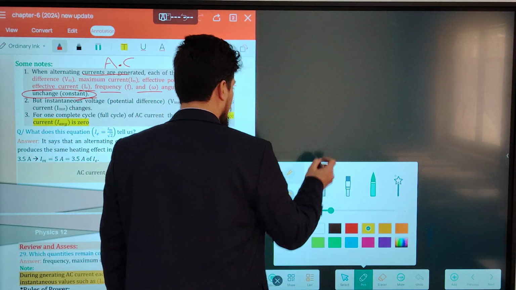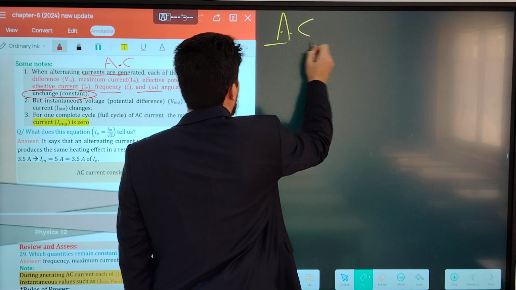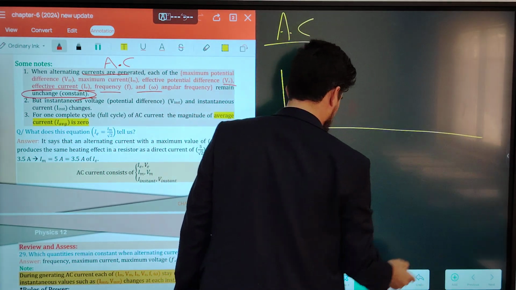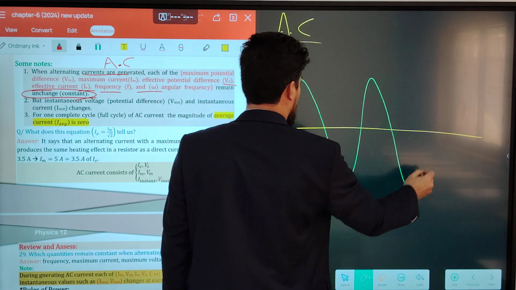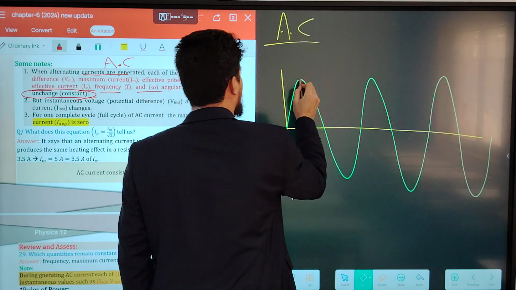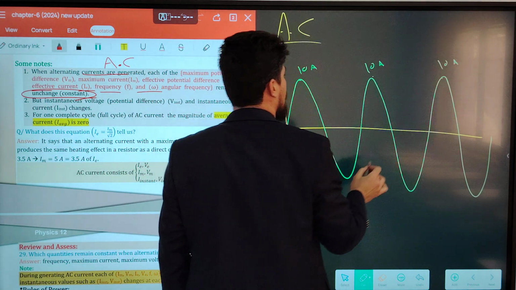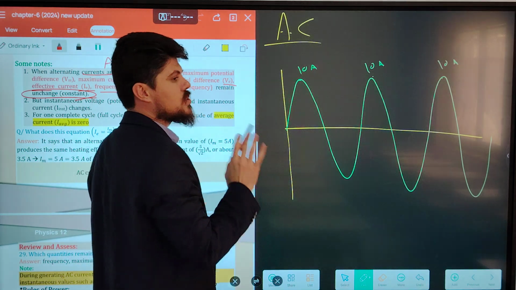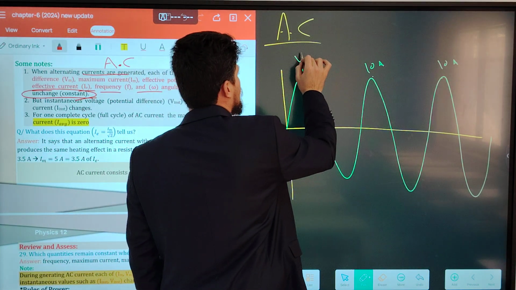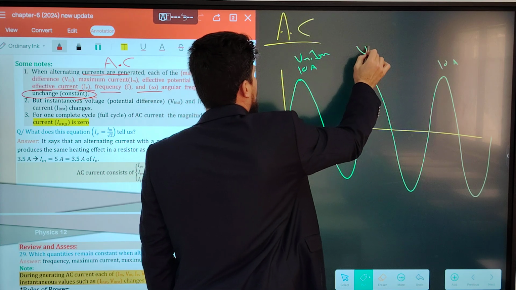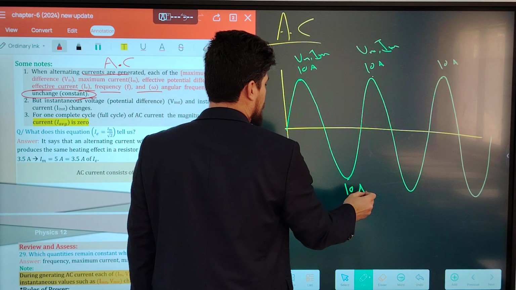Why? If the maximum value is 10 ampere, here is also 10 ampere, here is also 10 ampere. Does the maximum value change in an AC source? No. The maximum value of each of the potential difference and the current doesn't change. Vm, Im don't change. Here is also the same thing, 10 ampere.